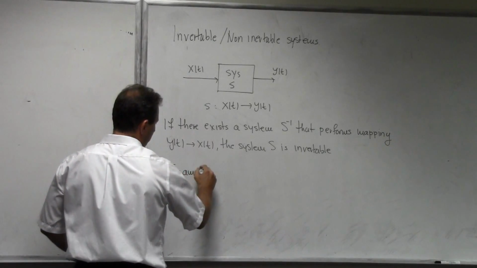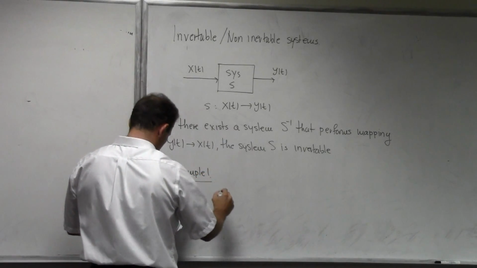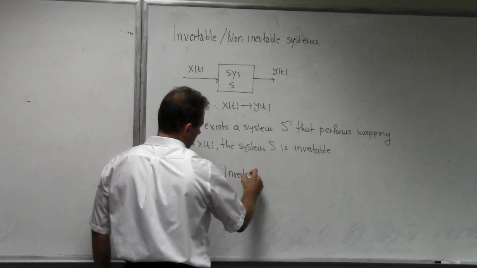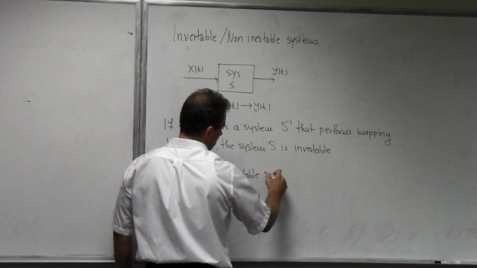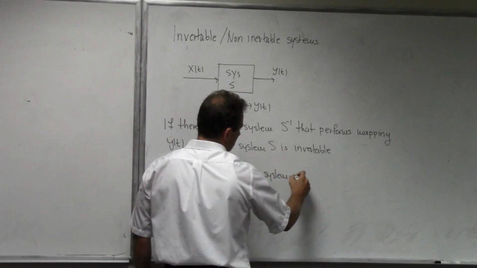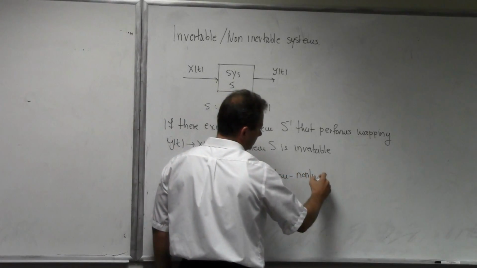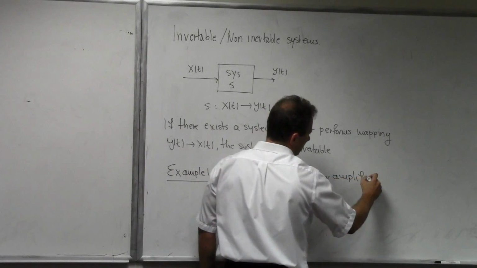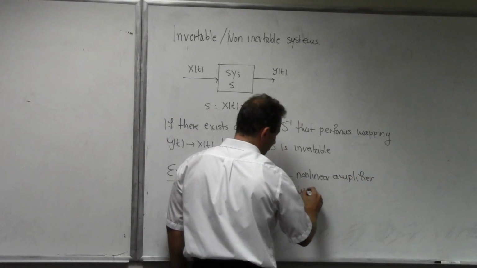Example one is an invertible system. Let's say it's a nonlinear amplifier with no memory.